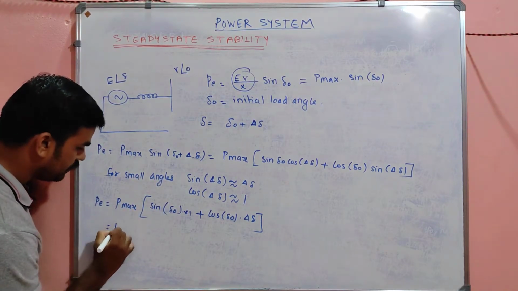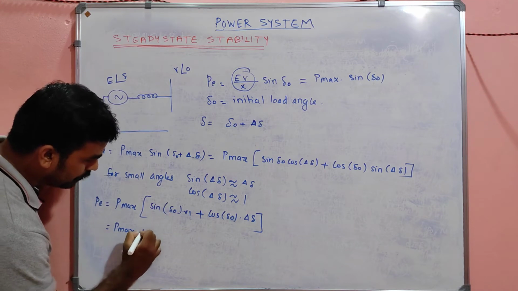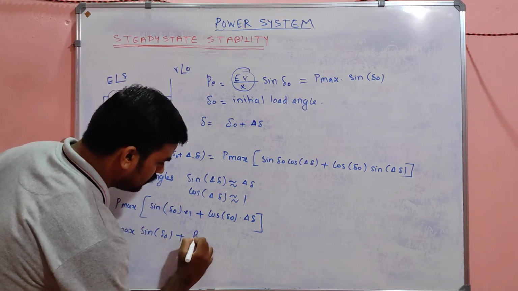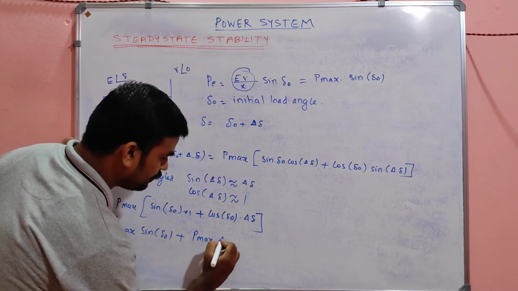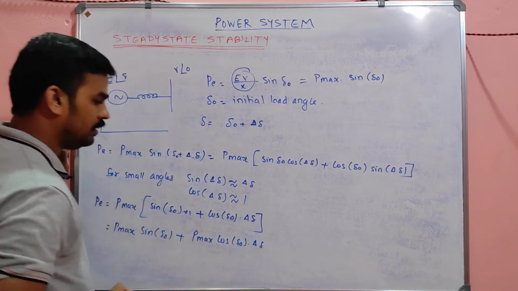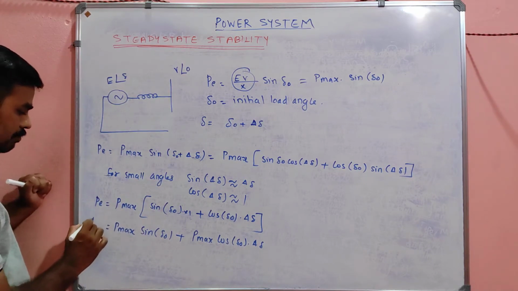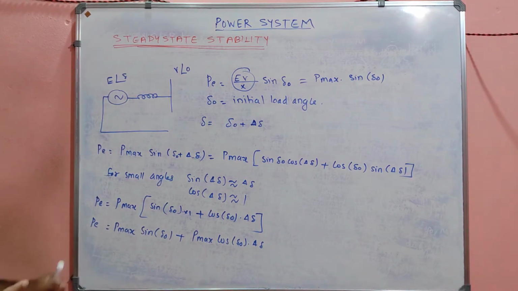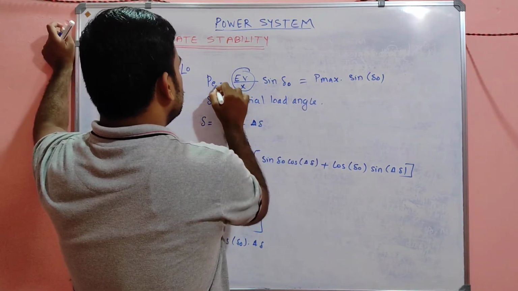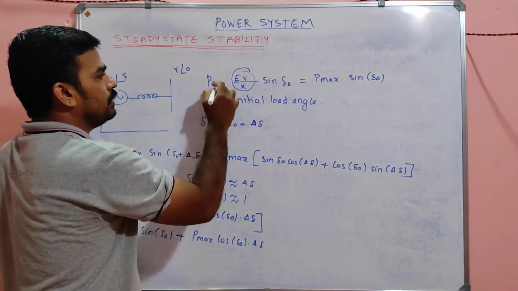So if you expand it, it will be P max into sine delta 0 plus P max into cos delta 0 into del. That will be the P. So what is this P max into sine delta 0? Let P0 be the initial value.